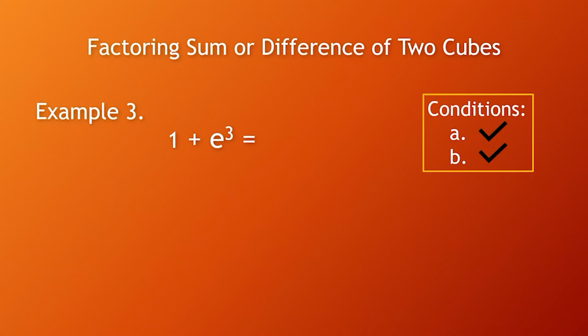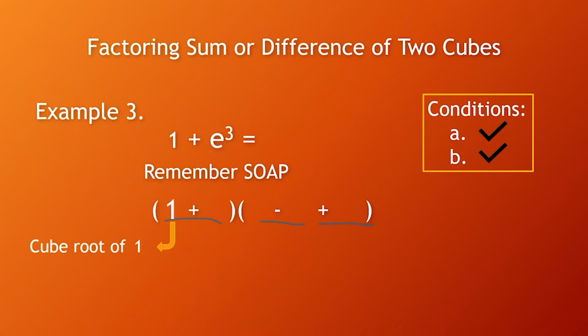So for the factors, remember SOAP. S stands for same sign, O stands for opposite sign, and AP stands for always positive. For the factors, first, 1, which is the cube root of 1. e, which is the cube root of e cubed.